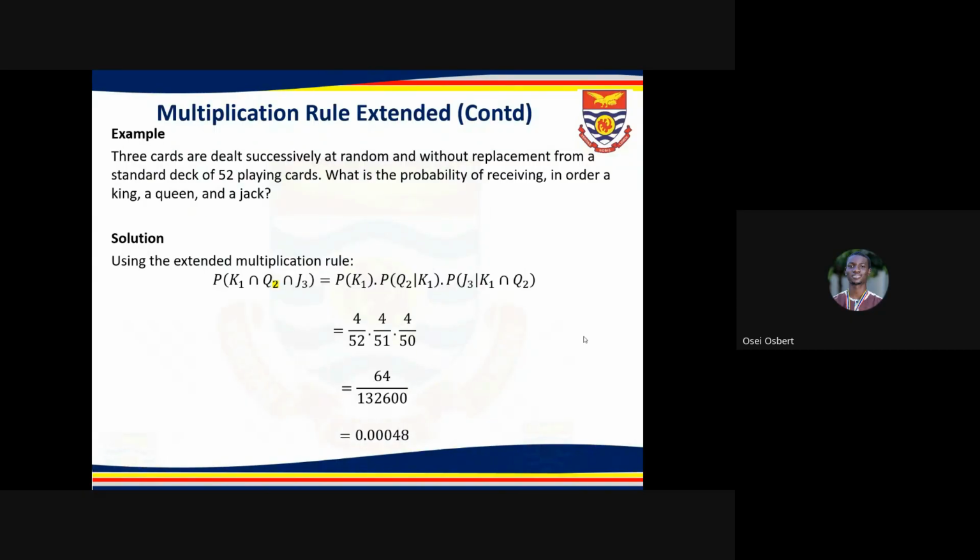What I did is this. The question asks that we receive it in order from the king to the queen to the jack. That means that in the first instance, you are supposed to select a king. So when I draw the tree diagram, I did the kings first. Then when we select a king, in the second instance we select a queen.